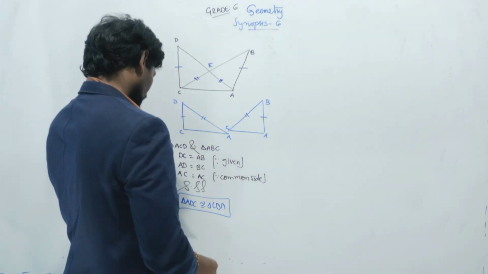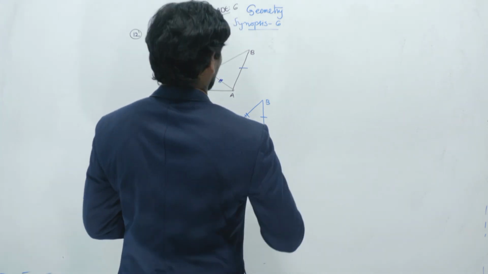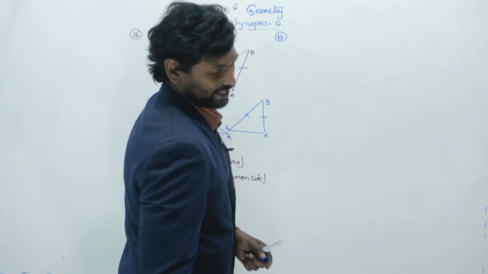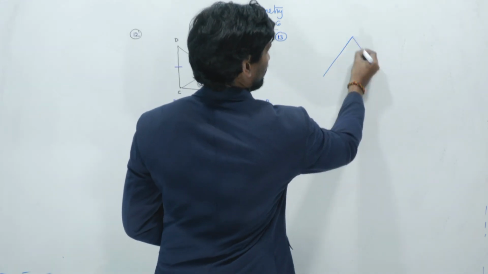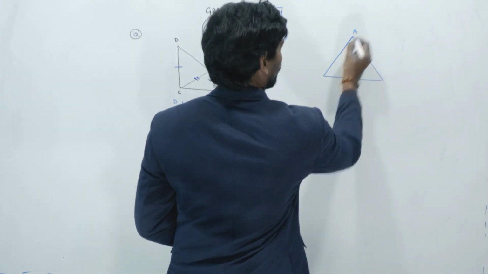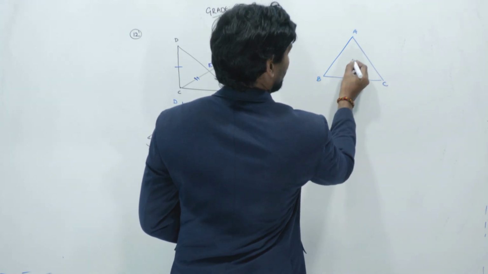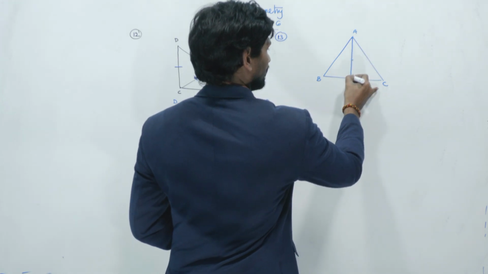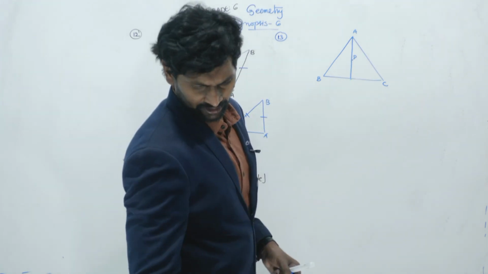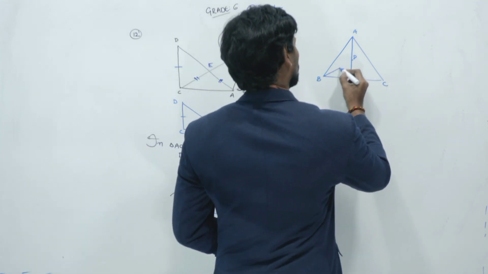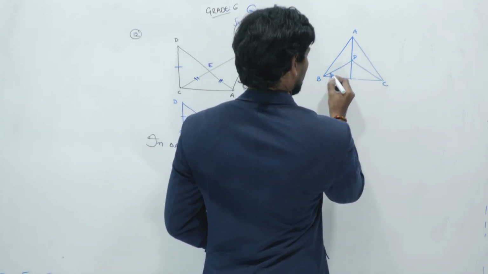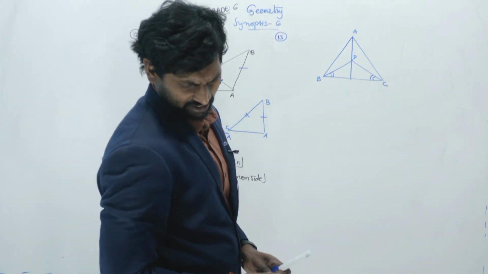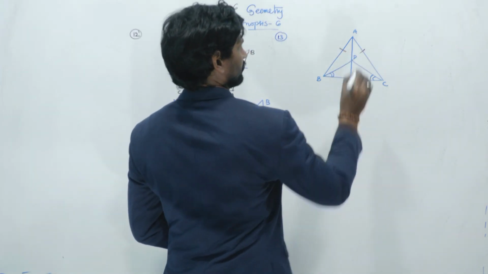Problem number 13: take triangle ABC, where D is an interior point, and we join AD. The base angles at B and C in triangle BDC are equal. Also AB equals AC.